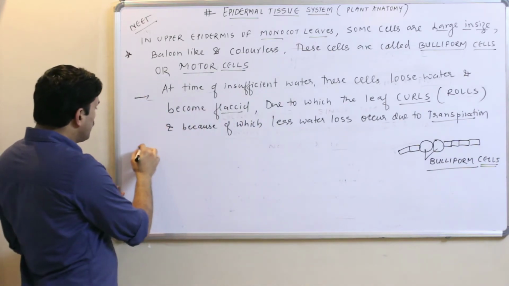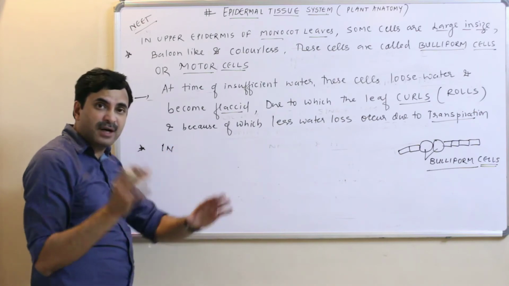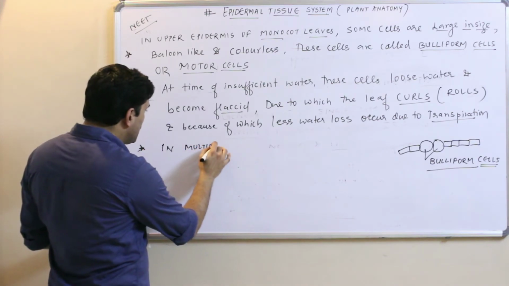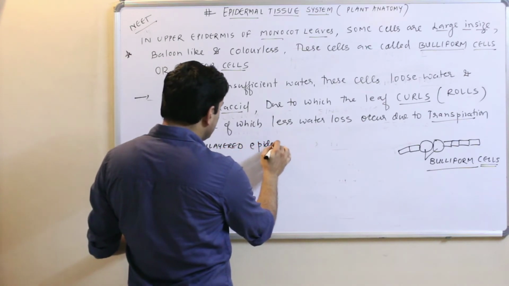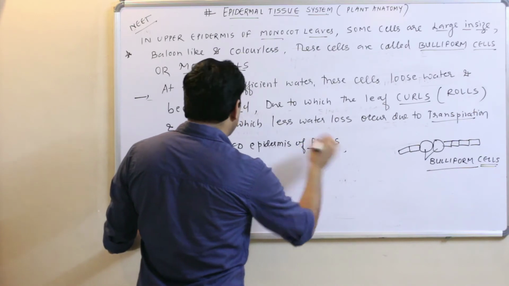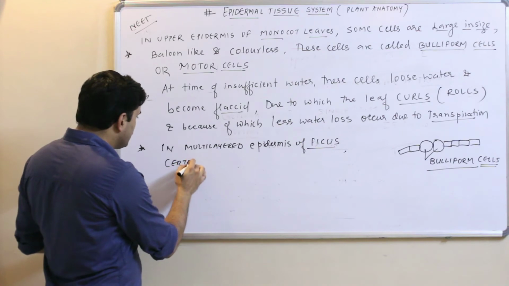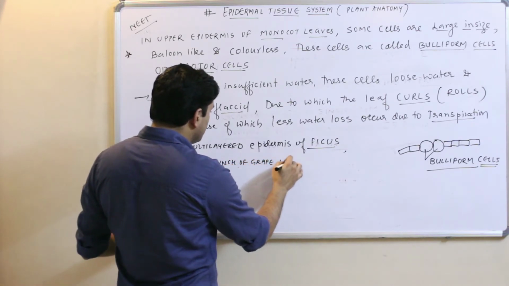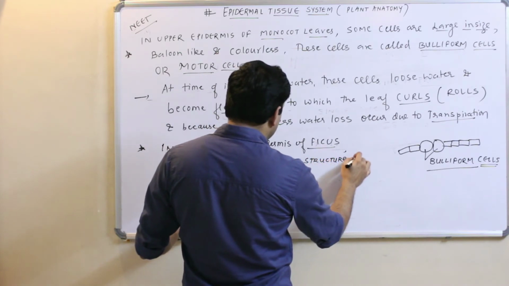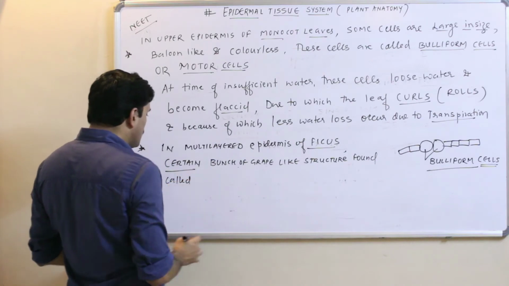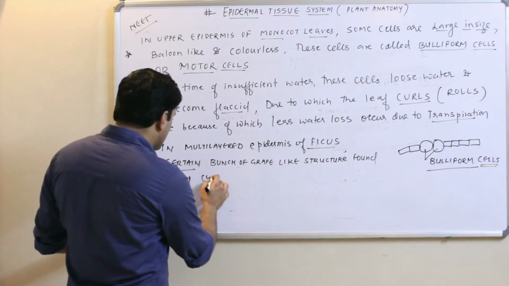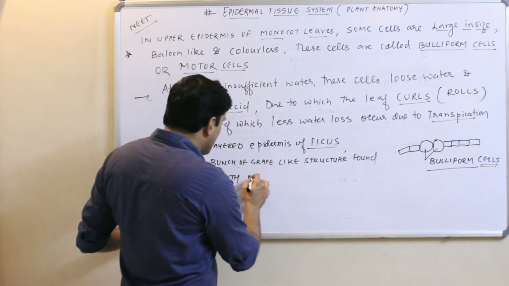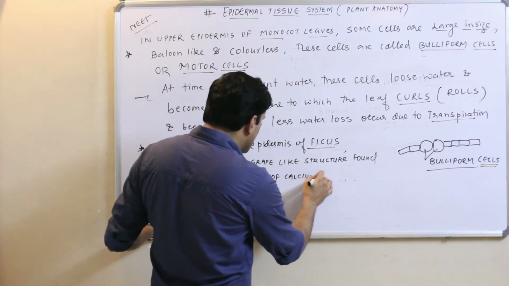Are you getting it? Now, one more feature of the epidermis: the epidermis in the ficus, the banyan, is multilayered. In the multilayered epidermis of ficus, a certain bunch of grape-like structure is found, called cystolith, made of calcium carbonate.